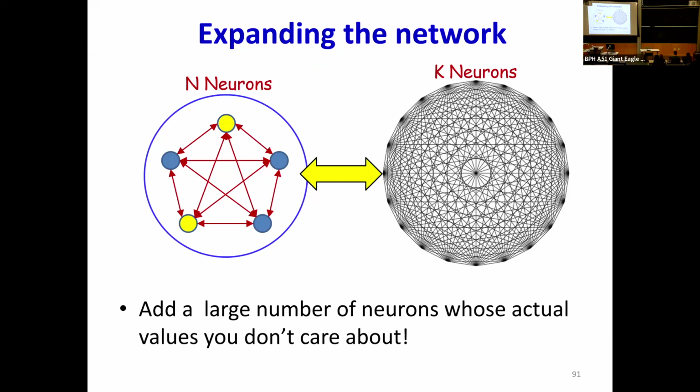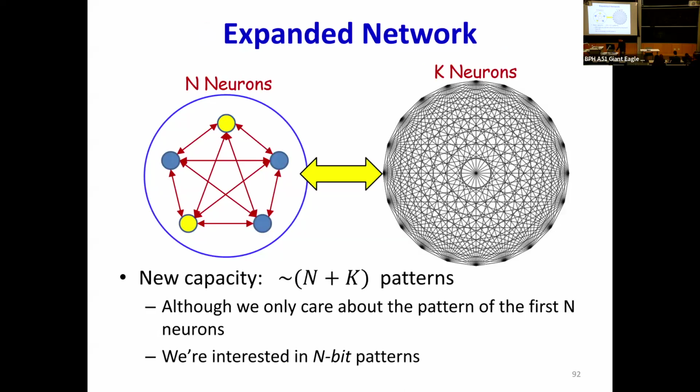So you add a large number of neurons whose values are irrelevant to you. Now if I add an extra k bits, my network is going to end up with k extra neurons because I have one neuron per bit. And now the capacity is n plus k as opposed to n. And you're still interested in n-bit patterns.